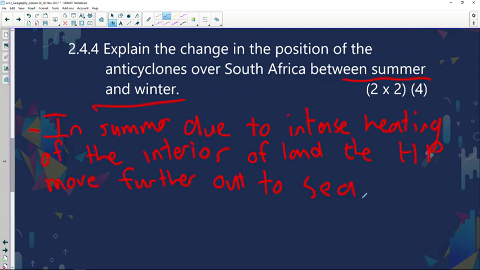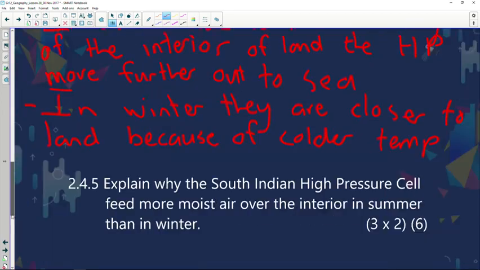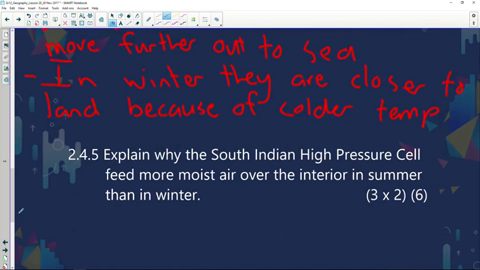And basically what happens in winter, they are closer, and when we talk about they, I'm talking about the three high pressure systems. They are closer to the land because of colder temperatures. Okay, and that's the reason for the movement of these subtropical high pressure belts between winter and summer.